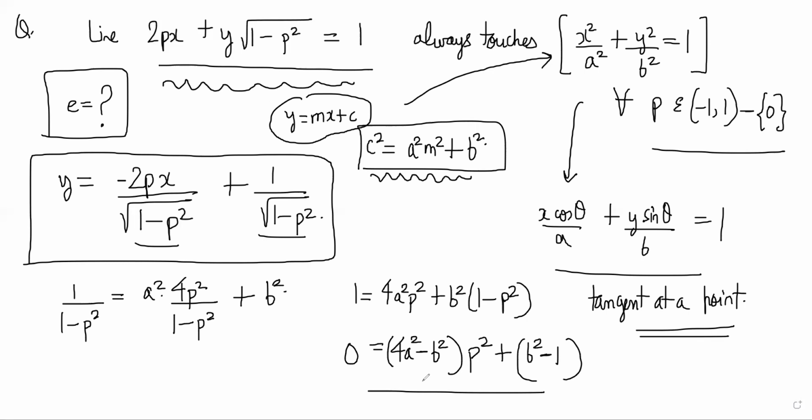I'm not understanding why. Then only we can get 0, right? Like both of them are... No, but this is not a sum of squares, no? Oh, one second. The line always touches the ellipse.